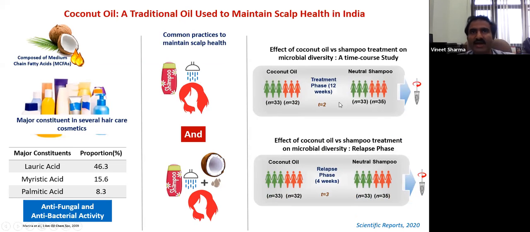We looked at them during the treatment and after the relapse phase, to see whether the coconut oil is causing any benefit to the host and to the scalp, and how this benefit is reflected in terms of the microbiome.